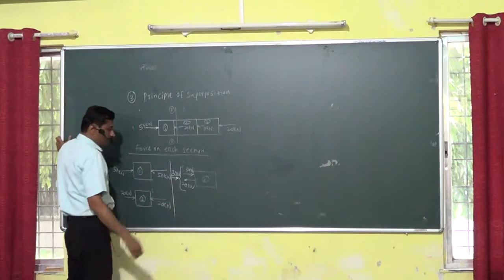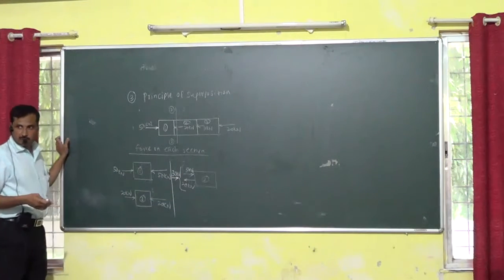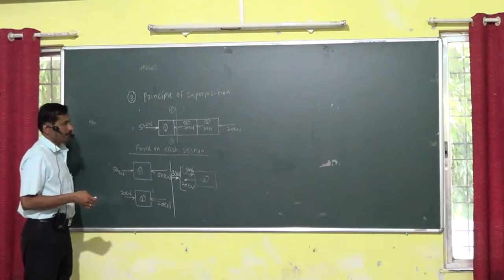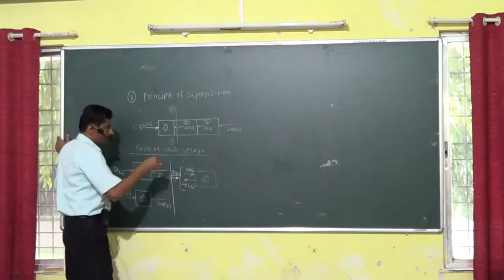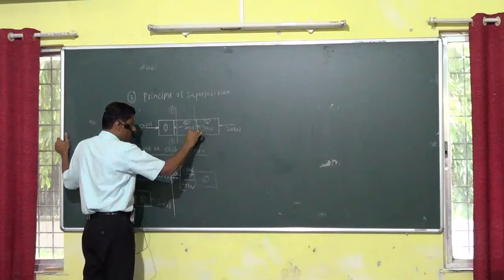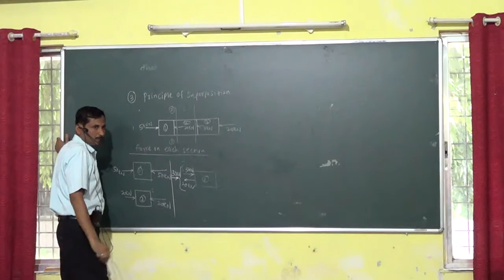On the other side, an equal force, that is 30 kilonewton, will definitely act. But to check whether this force is 30 kilonewton or not, I am taking one more line on this end.